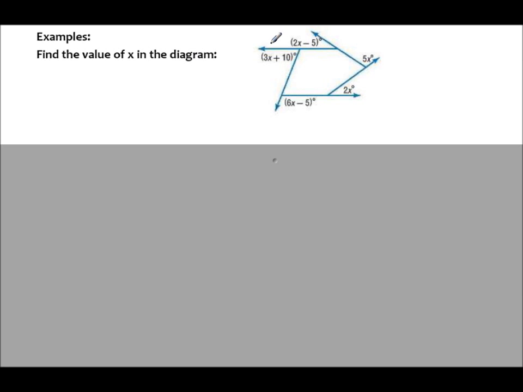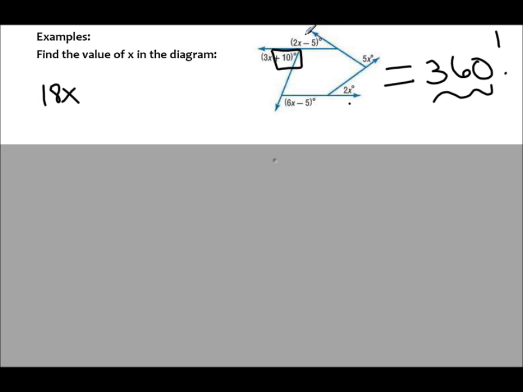All right, now this first problem. We notice these are all exterior angles, and we know the sum of all of the exterior angles of any polygon is 360 degrees. So we're going to add all of our like terms. 3x and 2x is 5x, plus 5x is 10x, plus 2x is 12x, plus 6x is 18x.